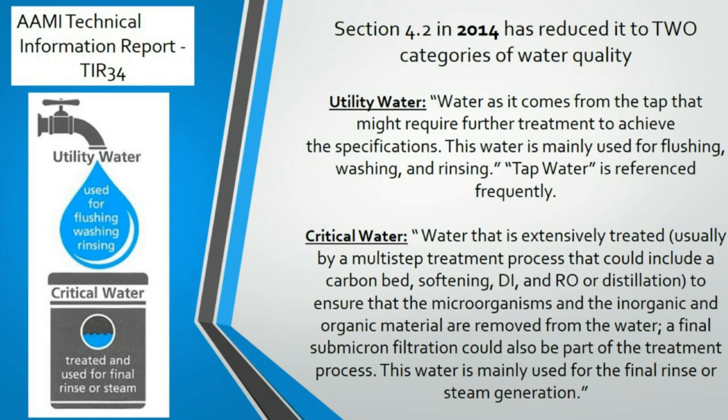Oftentimes, we're finding out now we need to go past that, and that's where critical water comes in. Water that is extensively treated, usually by a multi-step treatment process that can include a carbon bed, softening, DI, an RO, or distillation. So to ensure that microorganisms and the inorganic and organic material are removed from the water, a final submicron filter could also be part of the treatment process.